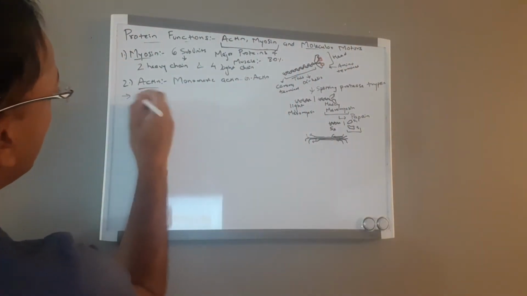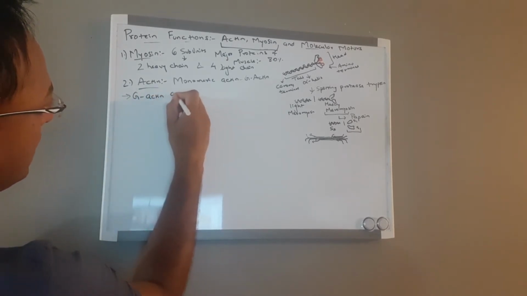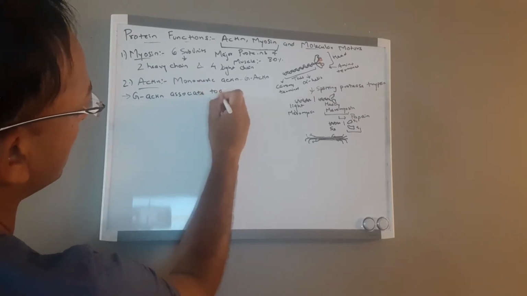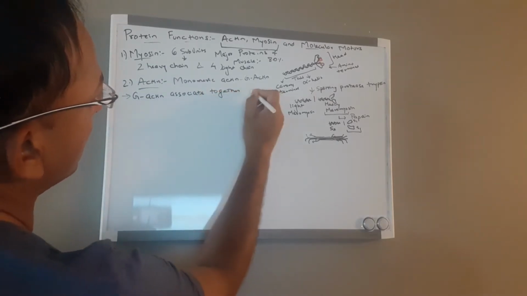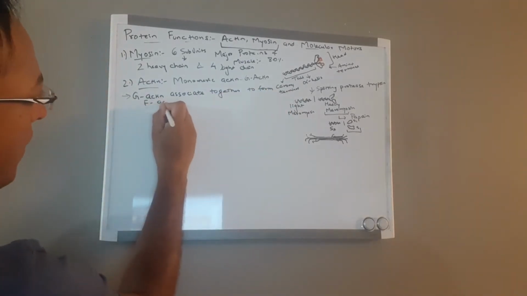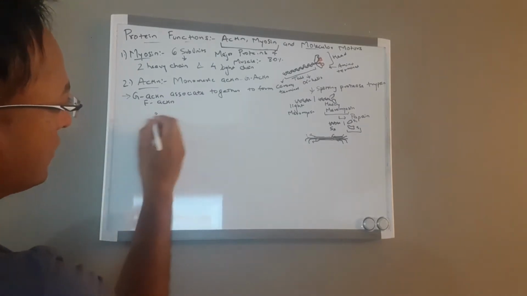So G-actin associates together to form F-actin. Right. So for example, this is a G-actin, a small one.